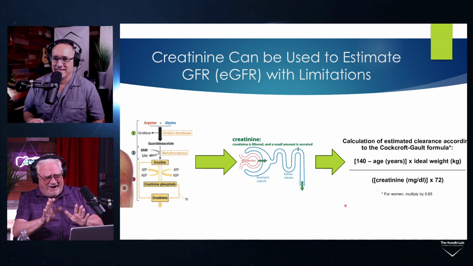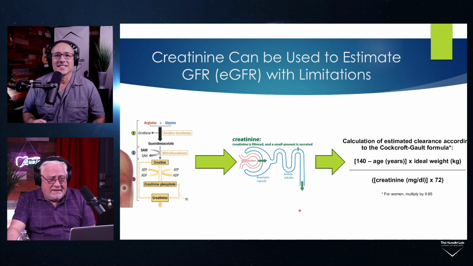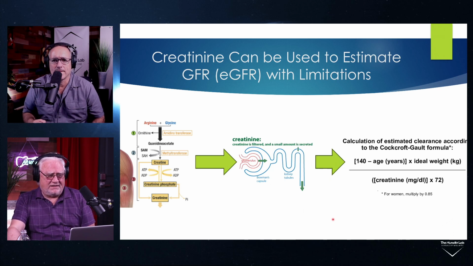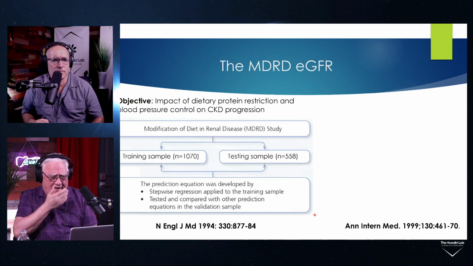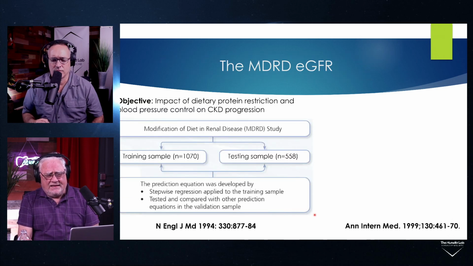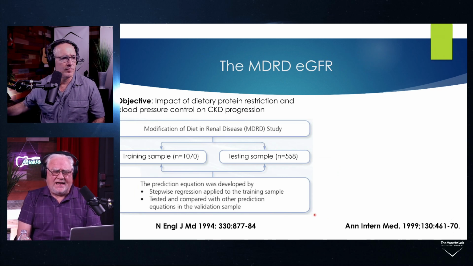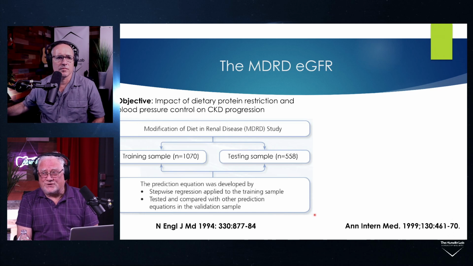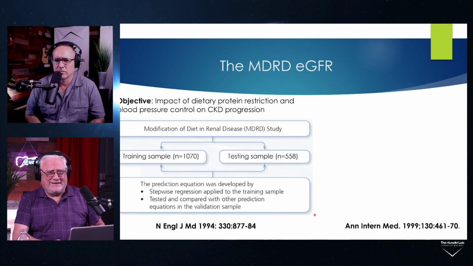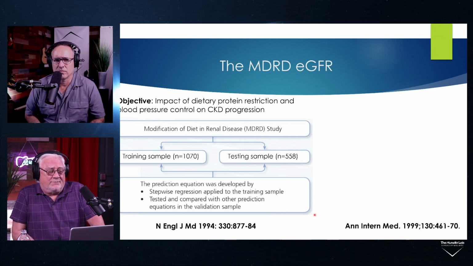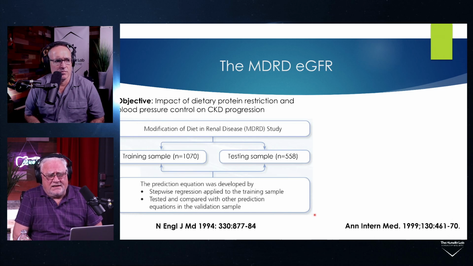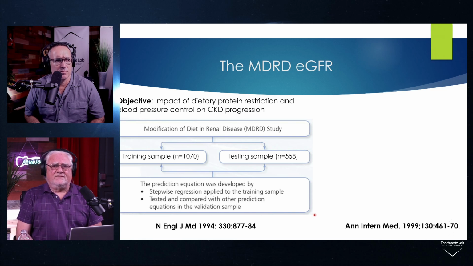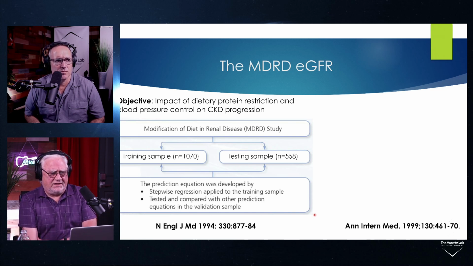So, all right. This was a way of estimating the glomerular filtration rate, but it really wasn't quite close enough. The real first estimating equation, and people were anxious for this to exist given the rapidity that it caught on once it was developed, was an estimating equation using the data from the MDRD study, a study of dietary manipulation and preservation of kidney function.